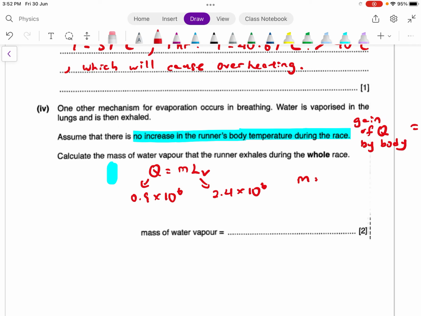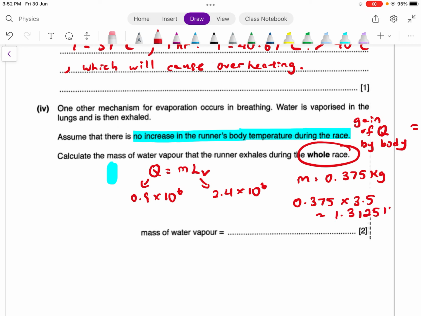This will give you roughly 0.375 kg. But this is only for 1 hour. Don't forget, they want the whole race, which takes roughly 3.5 hours. So the total mass is 0.375 multiplied by 3.5, which gives about 1.3125 kg. Just give them 3 SF, 1.31 kg.